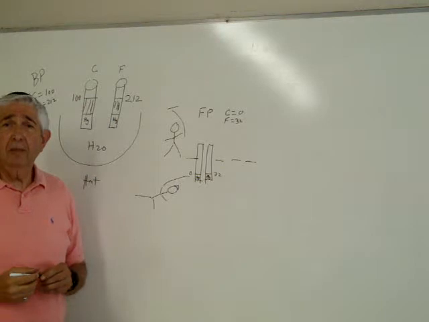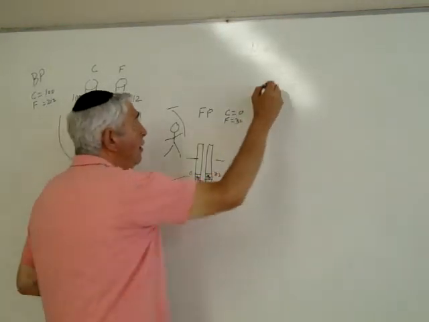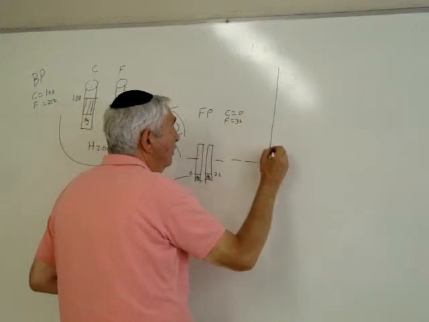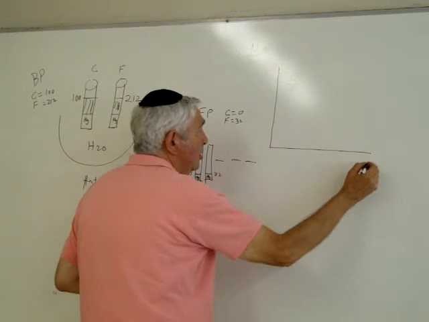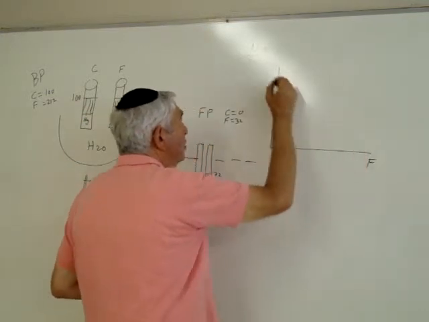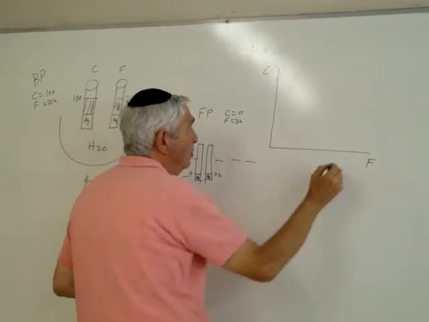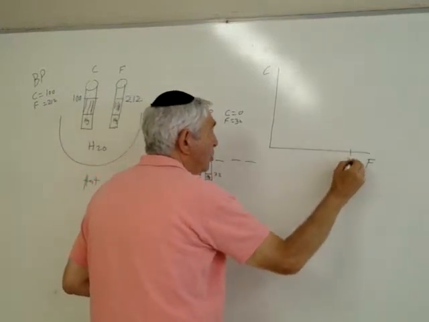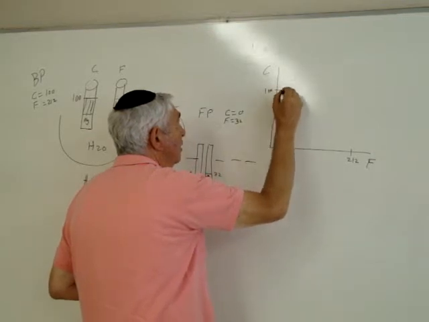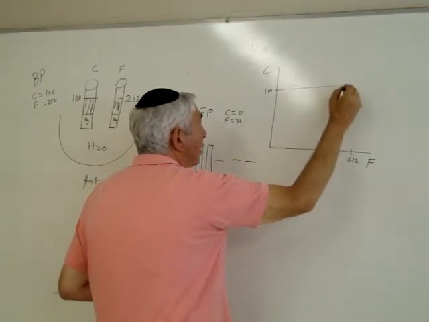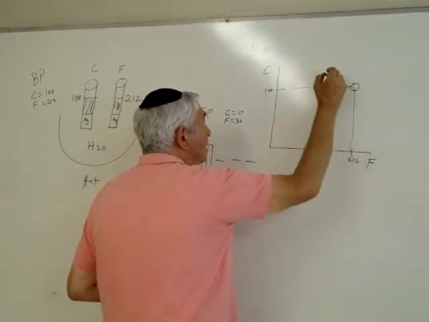2 points determine a straight line, and what I'm going to do is draw a graph. So if I draw a graph, okay, on this graph, if I mark this one Fahrenheit and this one Celsius, then the boiling point is where Fahrenheit is 212 and the Celsius temperature is 100. So it's this.